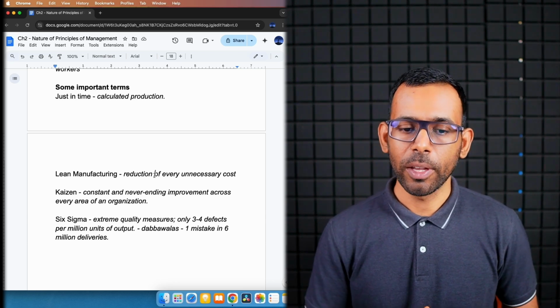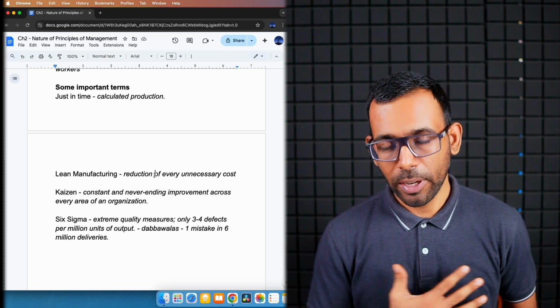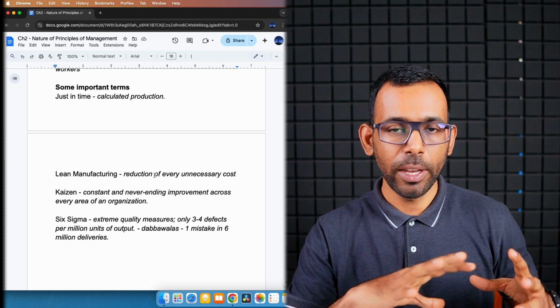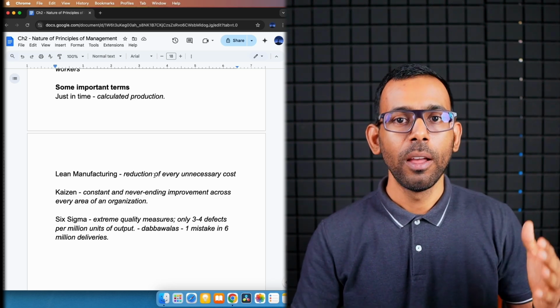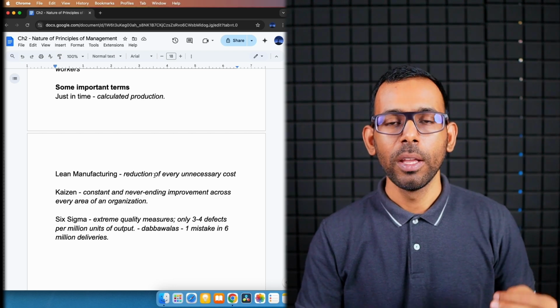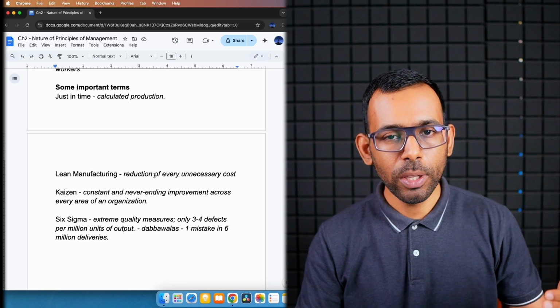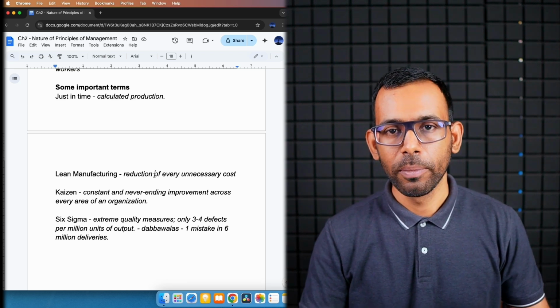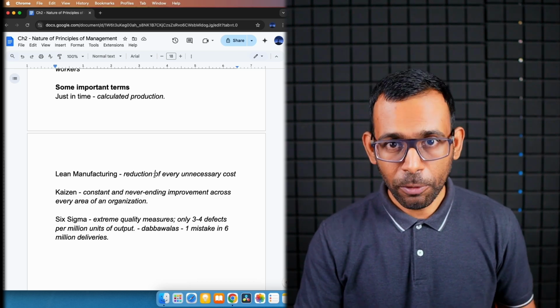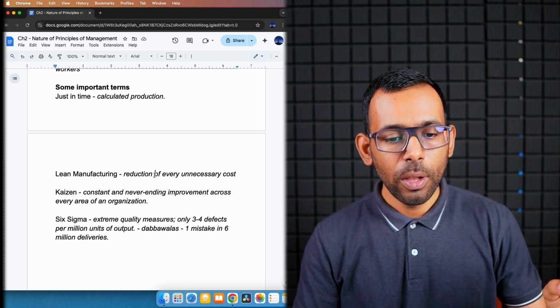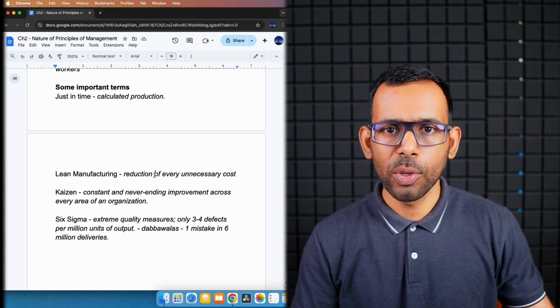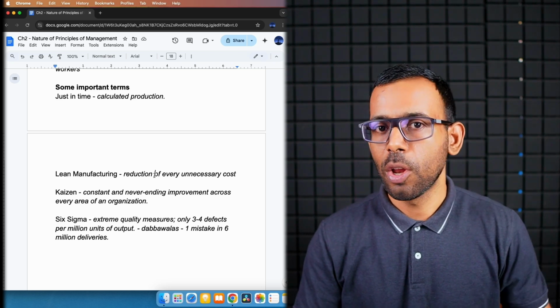That is lean manufacturing. When I used to work in corporate, when I toured the factory, our job was to make sure that every part of the factory is running only to the minimum requirement, which means we have to find out if there is any unnecessary extra resource employed that is not giving any output.